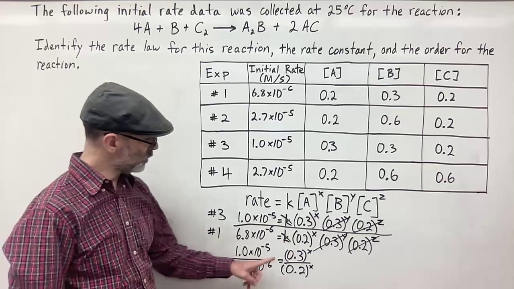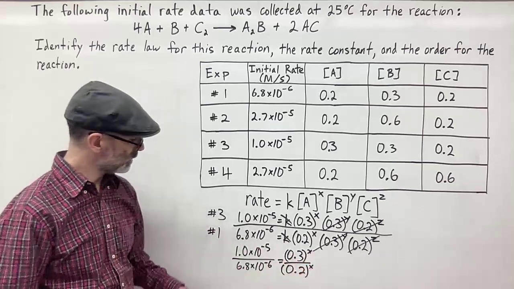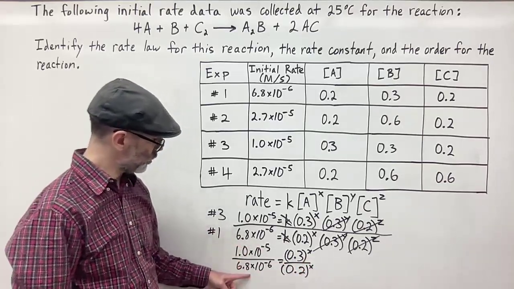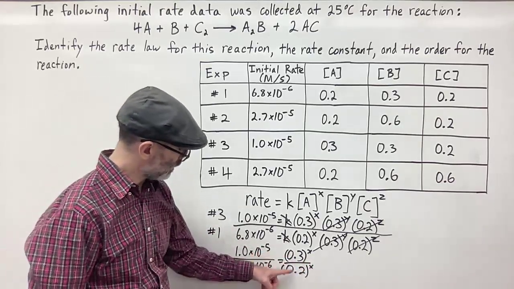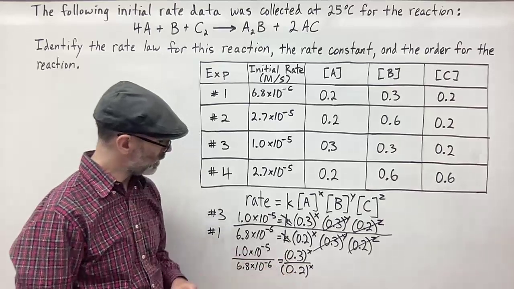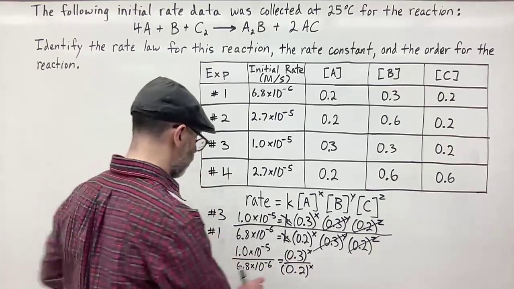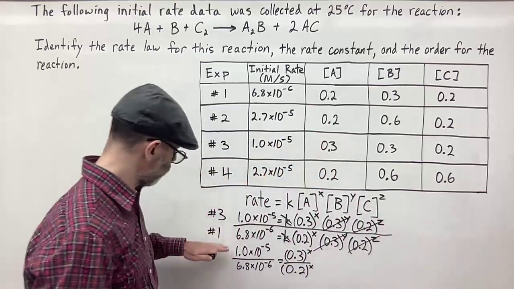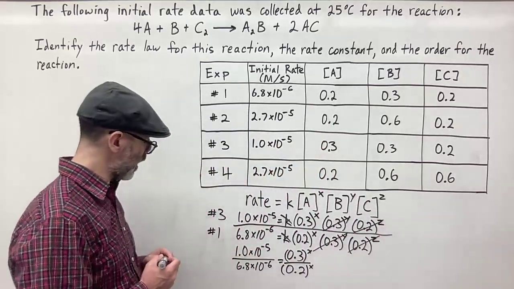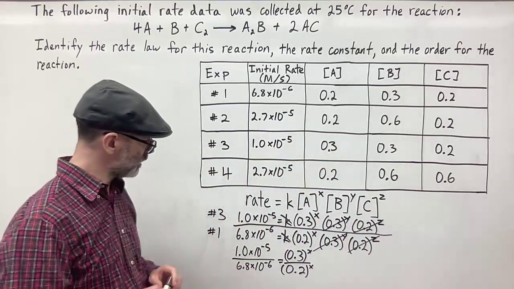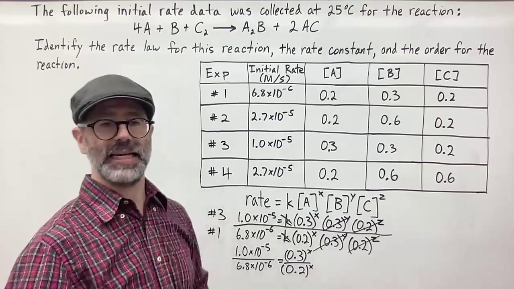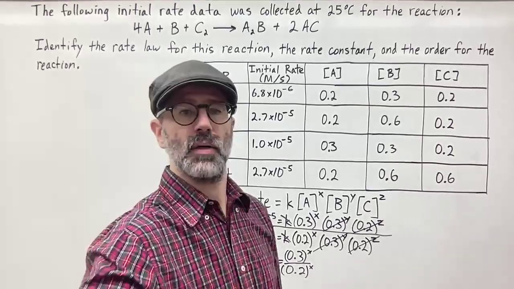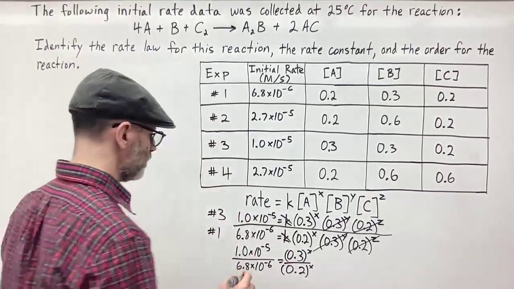So now we can solve for x. We'll divide these two, and then we can divide these two as well. If I divide 1.0 times 10 to the negative 5 by 6.8 times 10 to the negative 6, I get 1.4705.